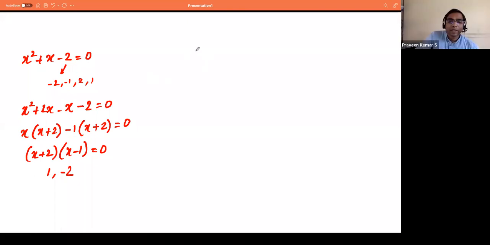Now, if I just make one change, how will you solve this now? Instead of x square plus x minus 2 is equal to 0, if this was just x square plus 4x minus 2 is equal to 0, how would you solve this?